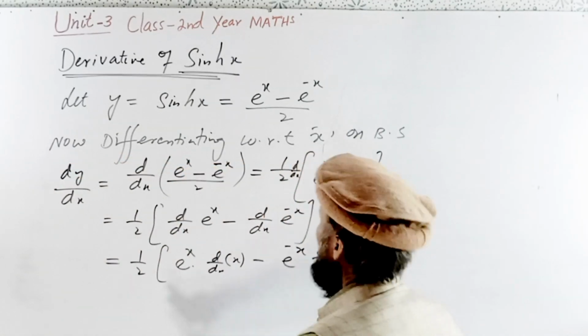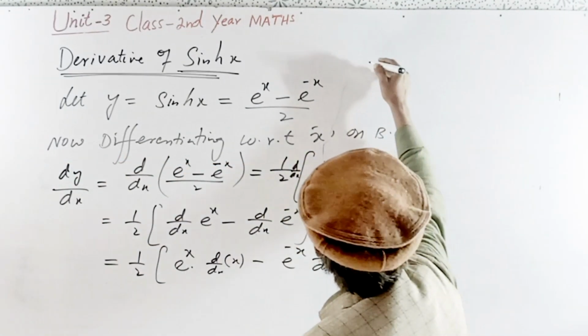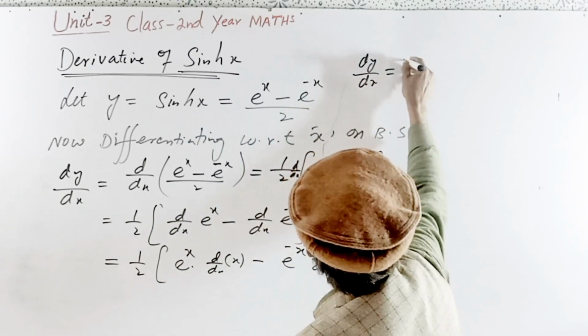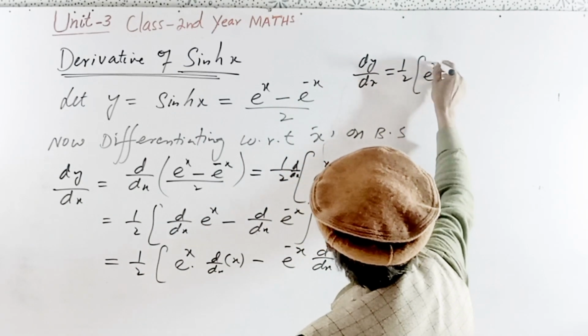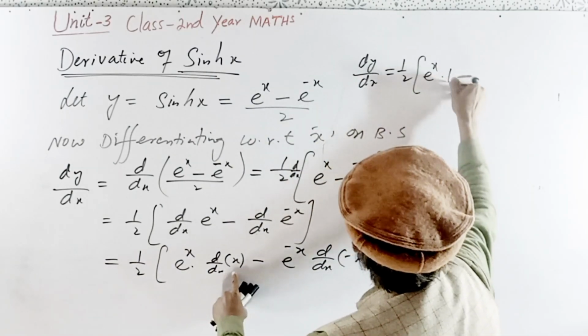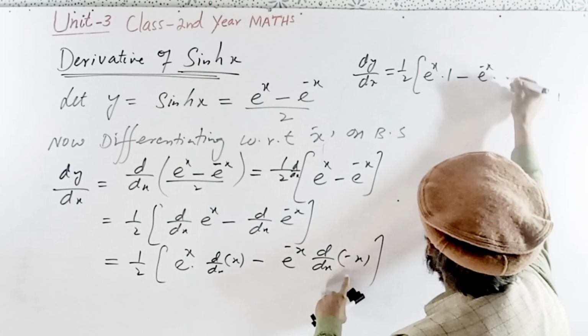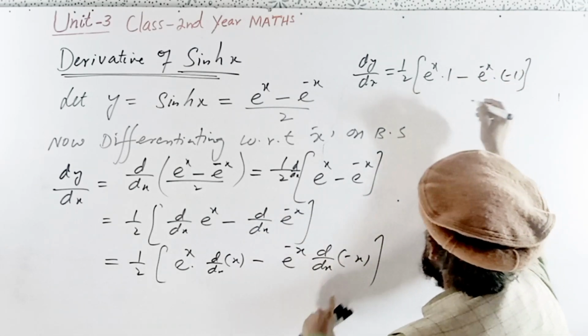So we can write dy by dx is equal to 1 over 2 of e power x times the derivative of x, which is 1, minus e power minus x times the derivative of minus x, which is minus 1.